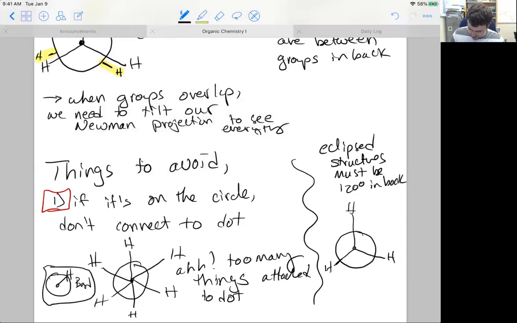You want to go beyond the circle so that you can clearly tell that an atom exists. So what am I getting at with this other point? If I tilt my eclipsed structure over this way and up this way, this is now less than 120 degrees. I know it's 109.5, but the way we've got this depicted, we should be able to see 120 degrees for connections to either the dot or the circle atom.